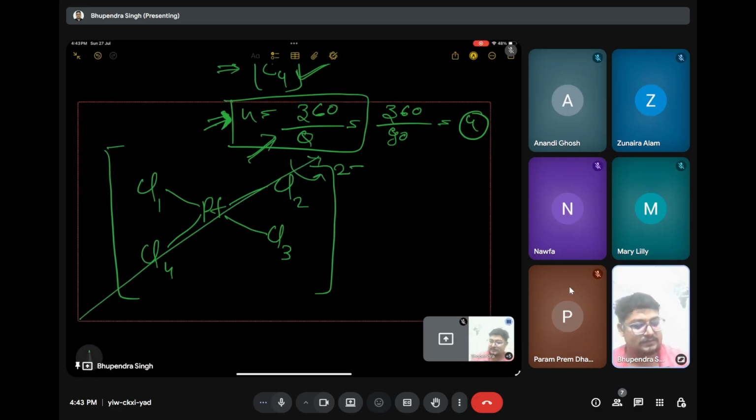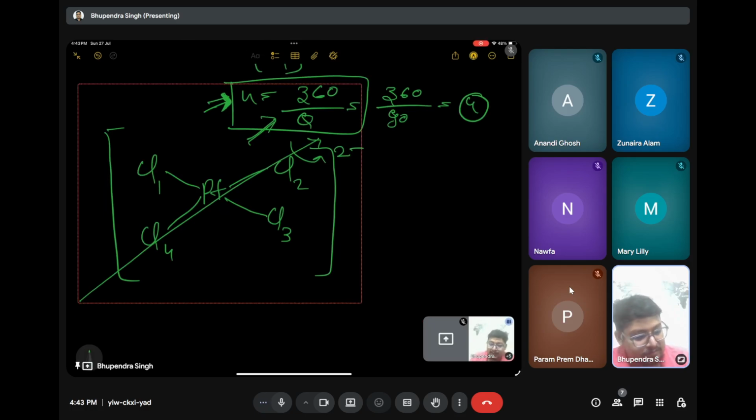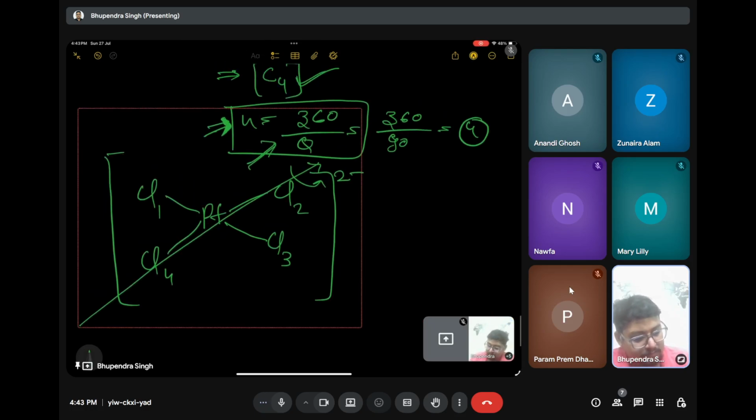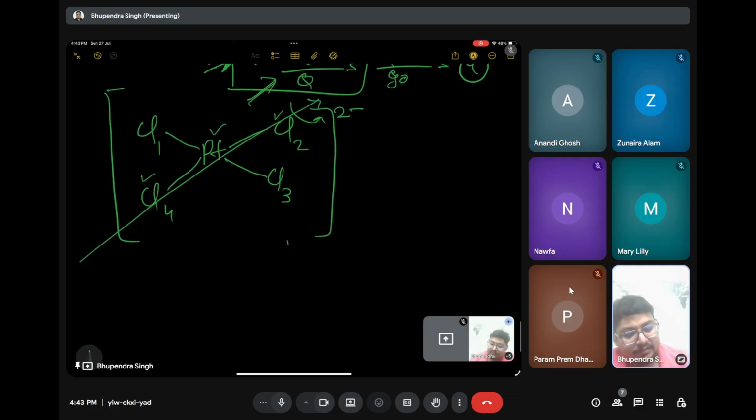If this is the axis, how many atoms does it contain? It contains 3 atoms: 1, 2, and this 3. And how many atoms are changing here? 1 and 2.